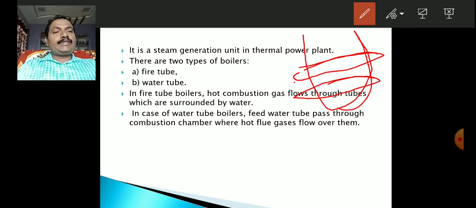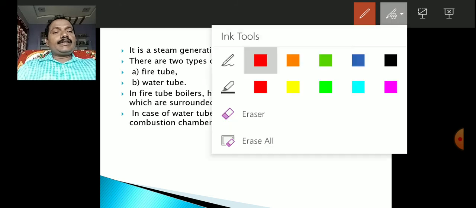Why fire tube? Because hot gases are flowing through the tubes, hence they are called fire tubes, which are immersed in the water drum. This makes the interaction of the heat and water, hence the water gets boiled. This is the fire tube boilers working.